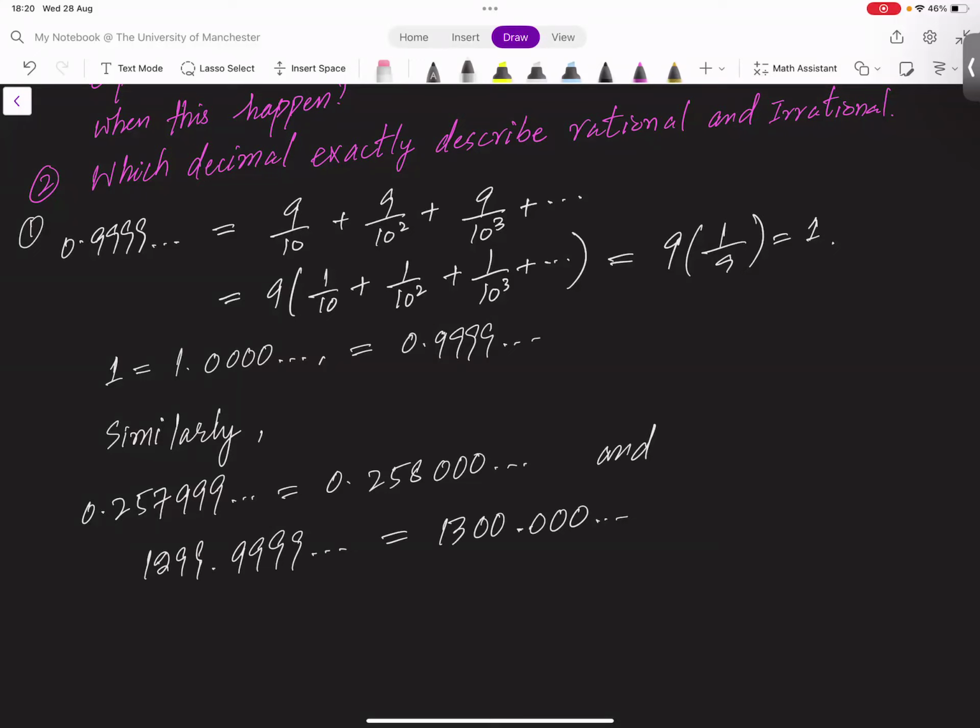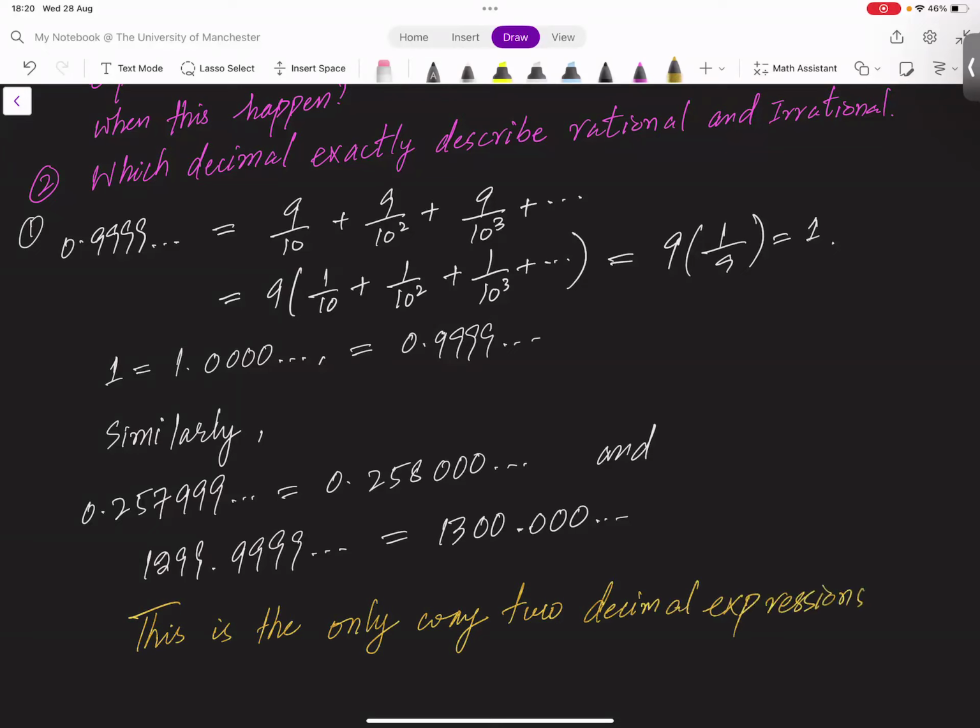We can write so many. Is this the only way two different decimal expressions can be equal? Yes, the answer is yes. This is the only way two decimal expressions are equal.